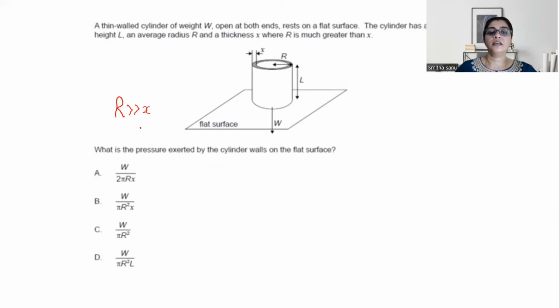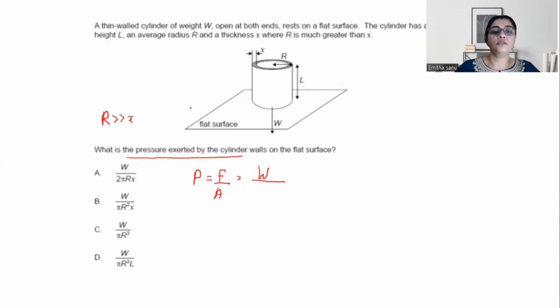This is the hint. So you can see here, to get the area, we need to first find pressure. Pressure, as you know, is force exerted per unit area of the walls. The only force that you can see here is the weight acting downwards. Area of the walls: there are two things. This is the outer circle. This is the inner circle.